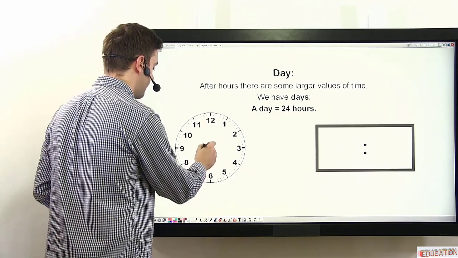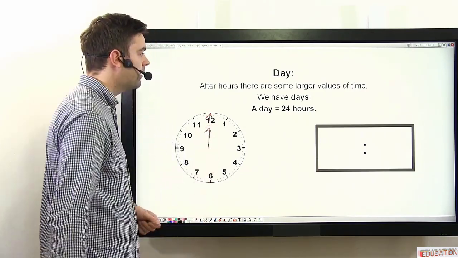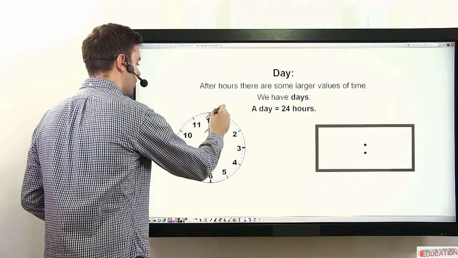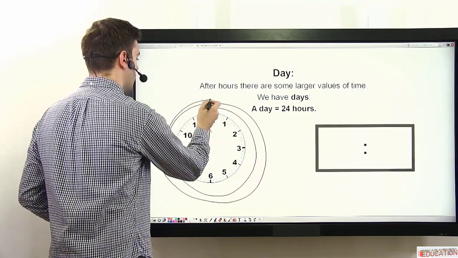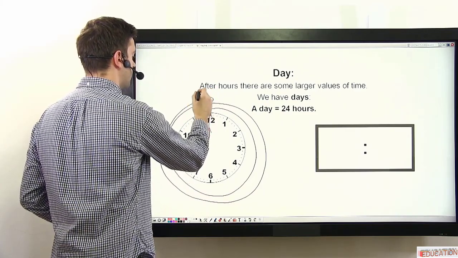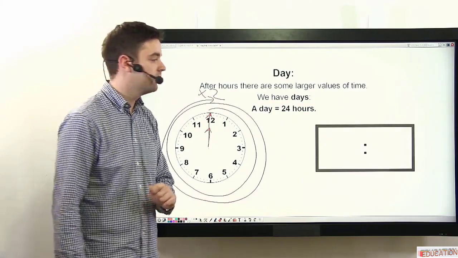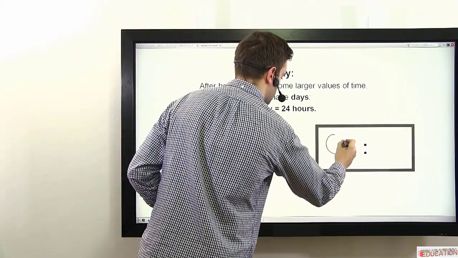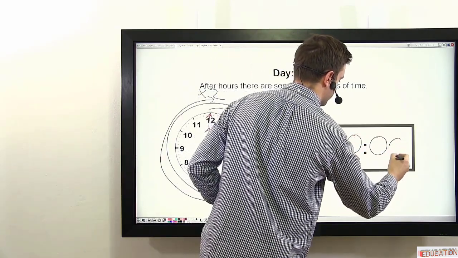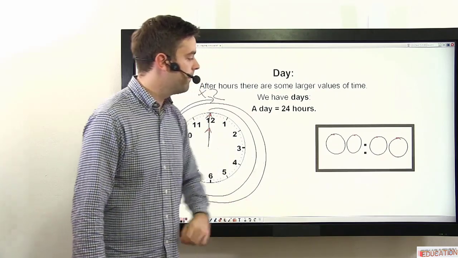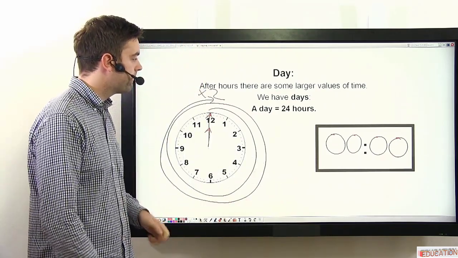So, in order for a day, the hour hand would have to go twice around on this clock. The start of the day is at 12:00:00.